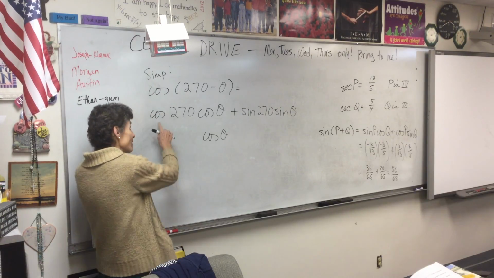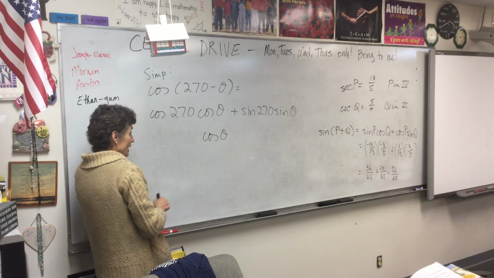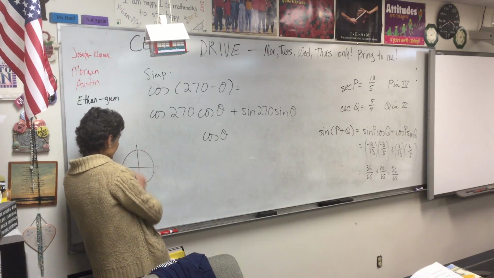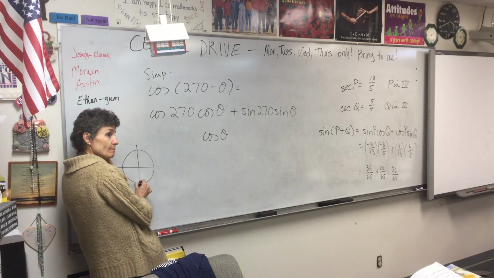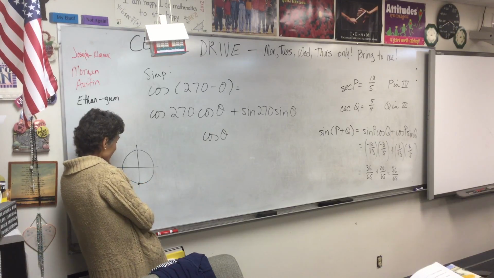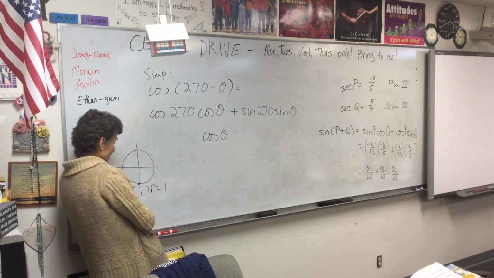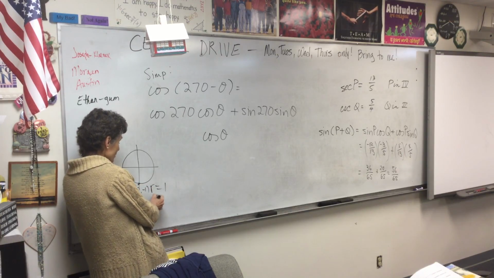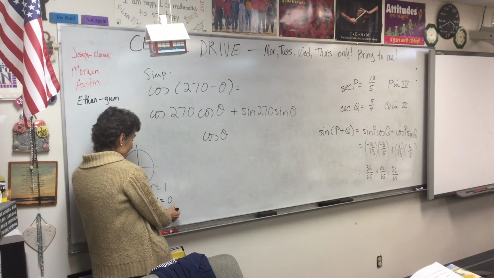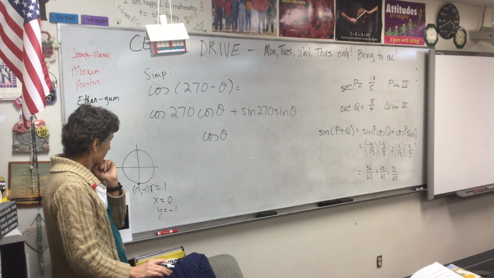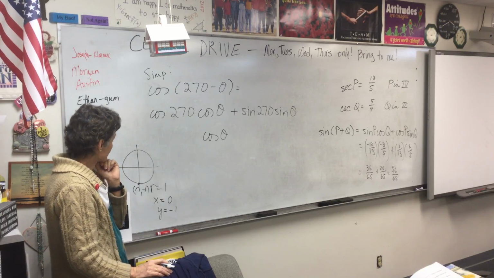But what about cosine 270? Can I fill in that value? And how will I do that? I will go to my circle and look down here at 270. What's that point down there? Radius is 1. What's that point? 0, negative 1. So x is 0 and y is negative 1. So what's the cosine?